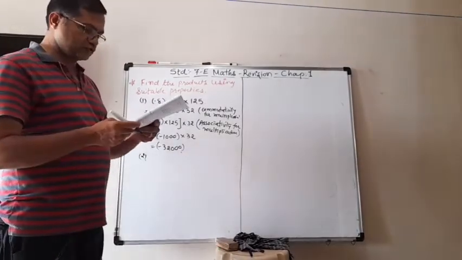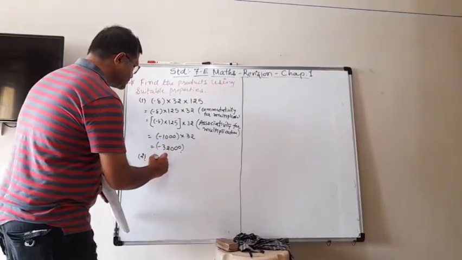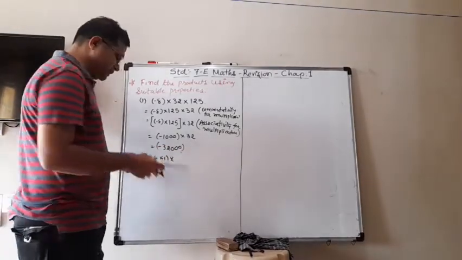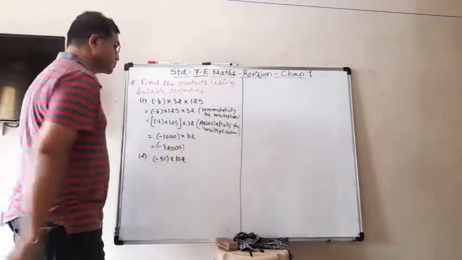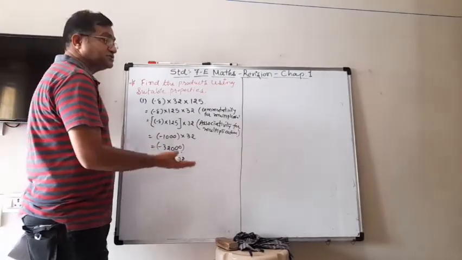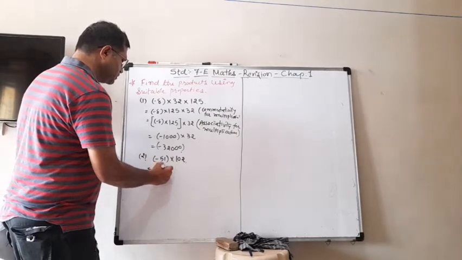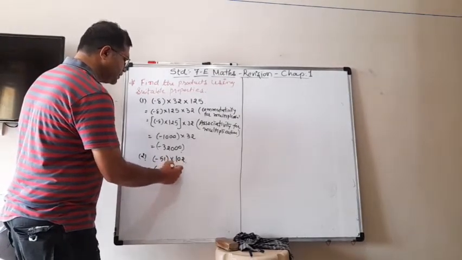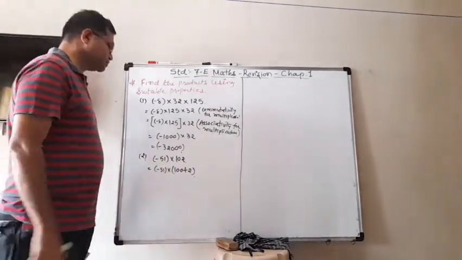Take the next one, that is minus 51 multiplied by 102. Now, if there is 100, it is easier for us to multiply. So we will convert 102 as 100 plus 2.